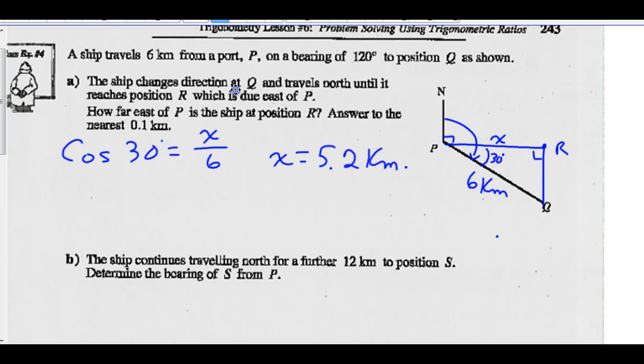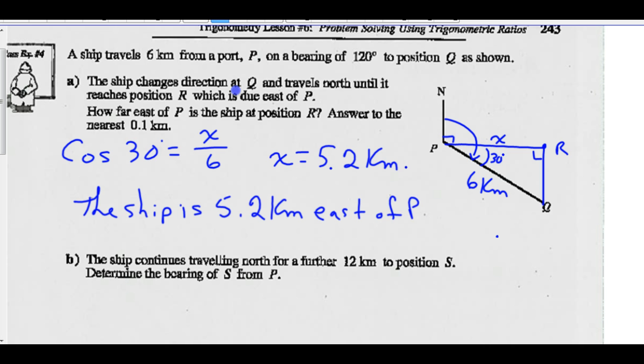So I'd answer the question, how far east of P is the ship at R? The ship is 5.2 kilometers east of P at R.